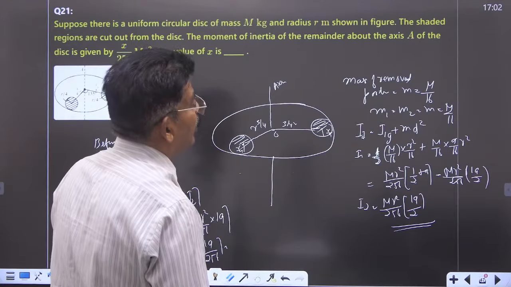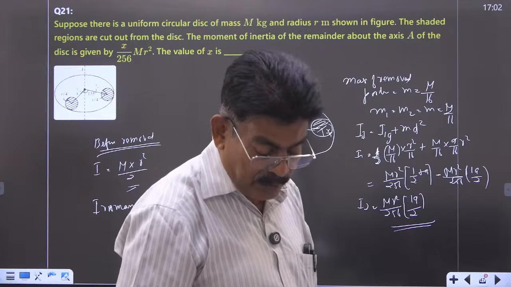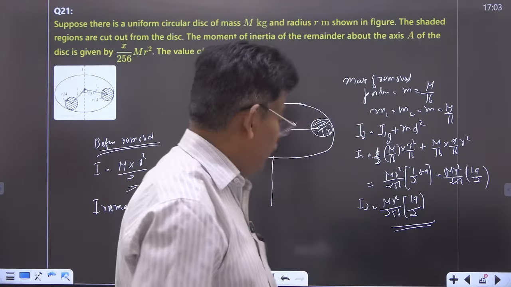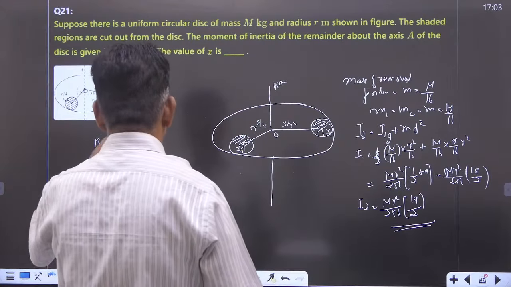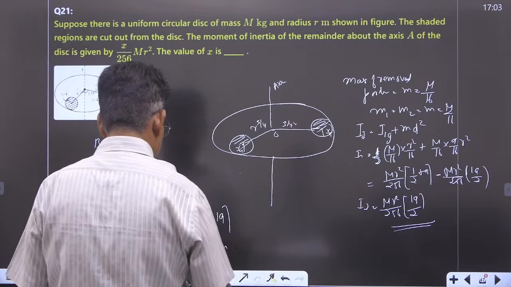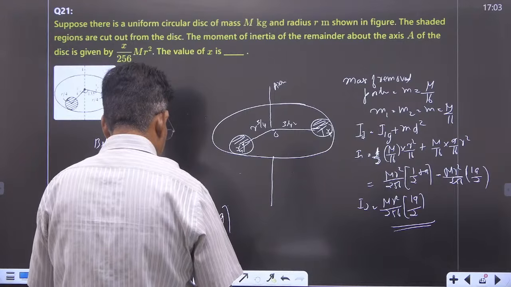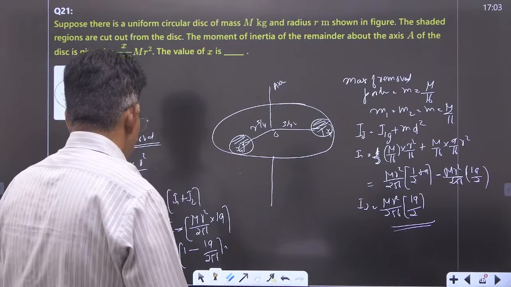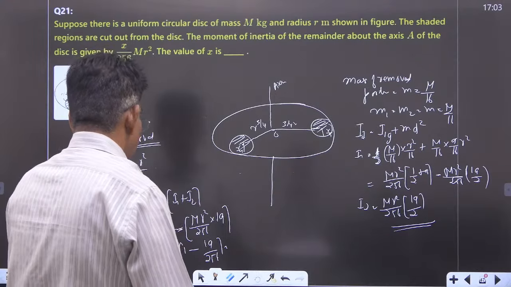Any answer coming? Yes, the answer is coming to be nearly 109. What do we have to calculate here? X, oh yes, X is there. This is coming to be 109. This is 19 by 2, anything missing? MR squared by 2 is here.